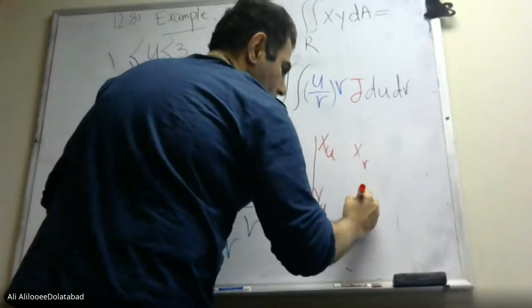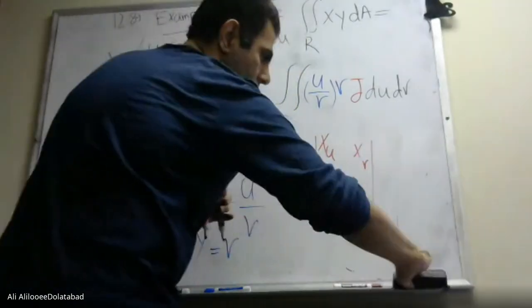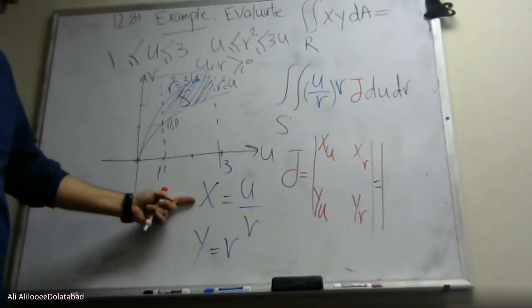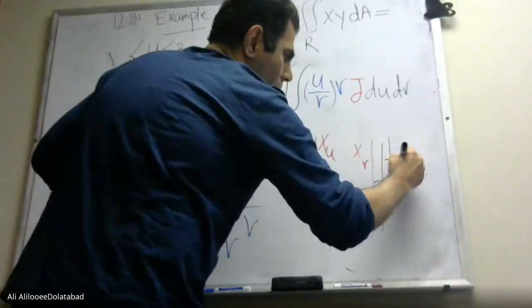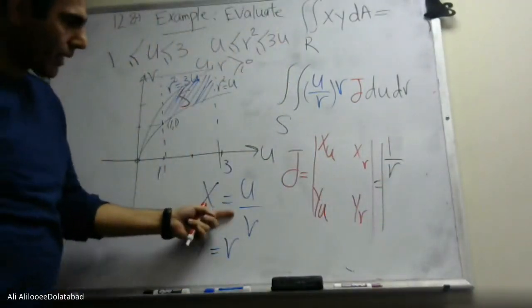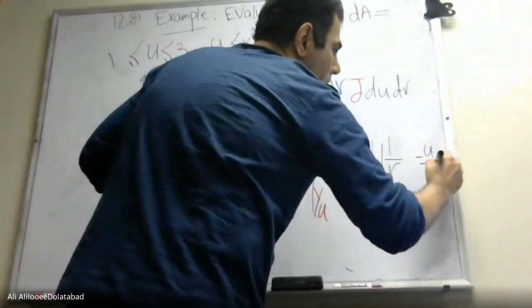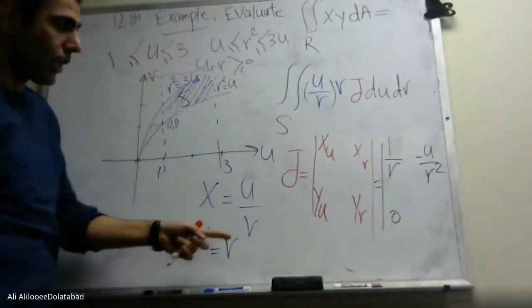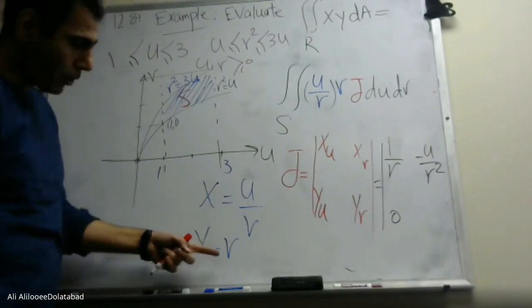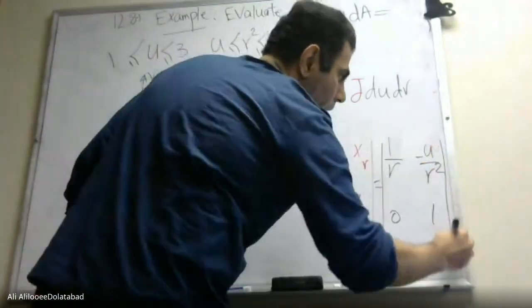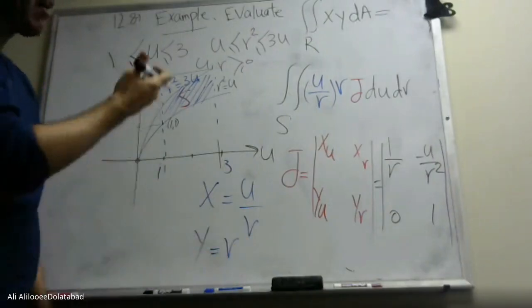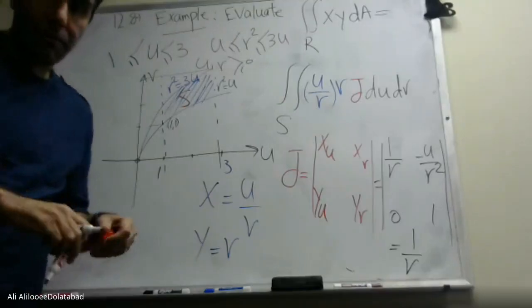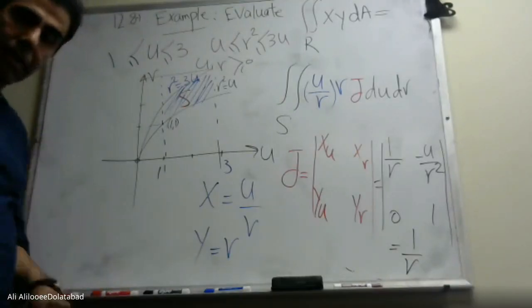Let's differentiate. Partial derivative of x with respect to u is 1 over v. Partial derivative of x with respect to v is minus u over v squared. Partial derivative of y with respect to u is 0. Partial derivative of y with respect to v is 1. You can find this determinant very easily. The determinant is 1 over v. Any question? Please let me know.